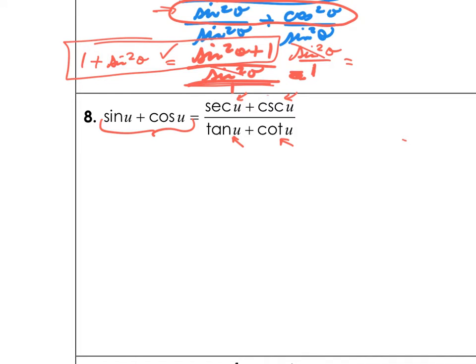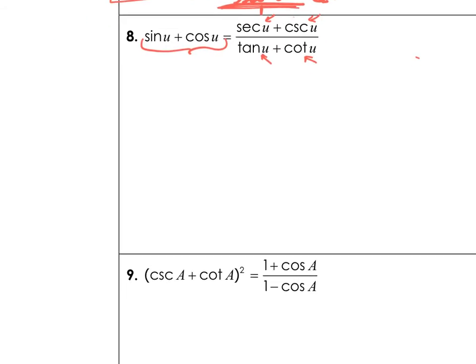And if you look in your notes, you can see the finished work. I'll let you go look there and finish working it out, but that's the strategy on that one.